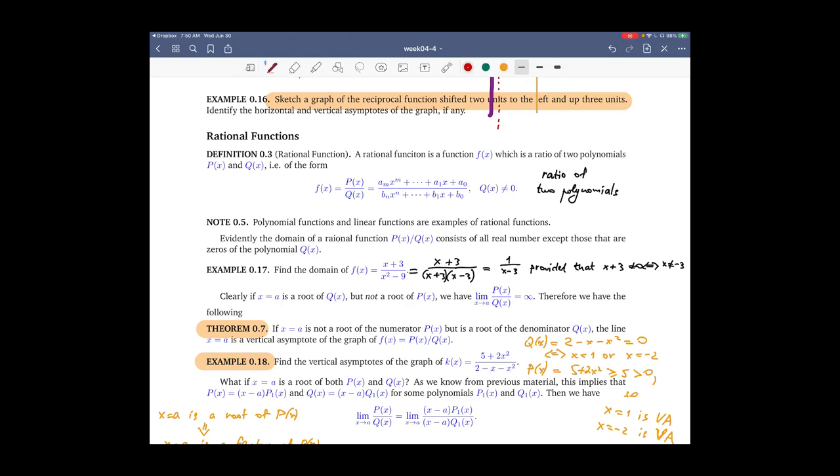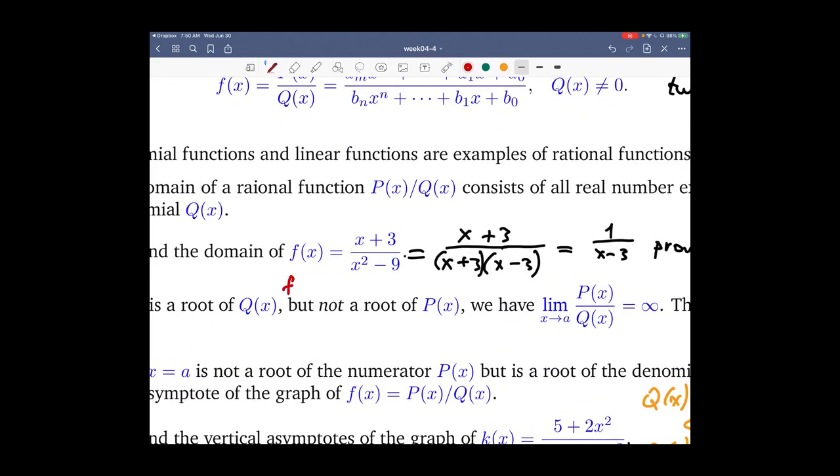For example, I couldn't compute the value of f here at negative 3. Formally, I would write negative 3 plus 3 over negative 3 squared minus 9, that is 0 by 0, but 0 by 0 is nonsense. So I could not have written that. The function is not defined at negative 3.